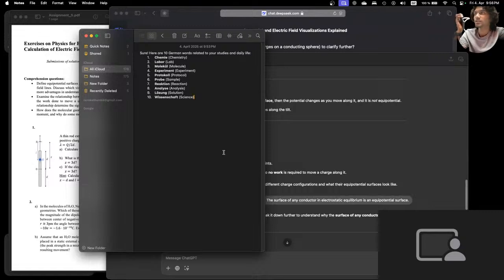Also, I hit the daily limit for advanced voice. The fuck?